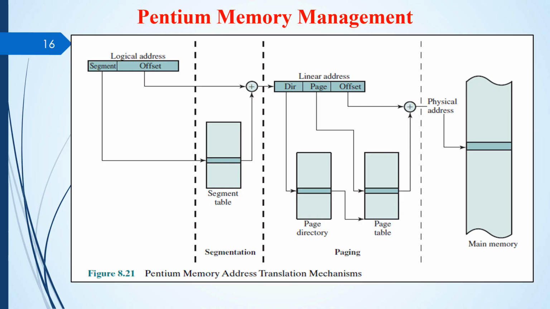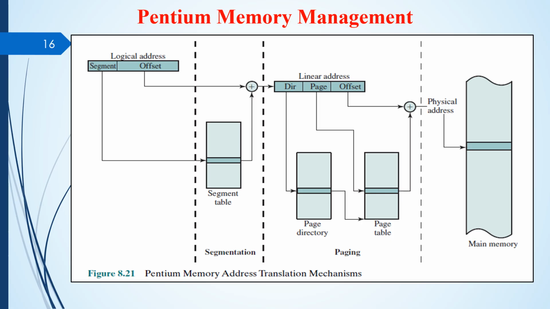Although segmentation and paging add extra steps, the CPU uses the TLB to cache recently used address translations, minimizing performance impact.